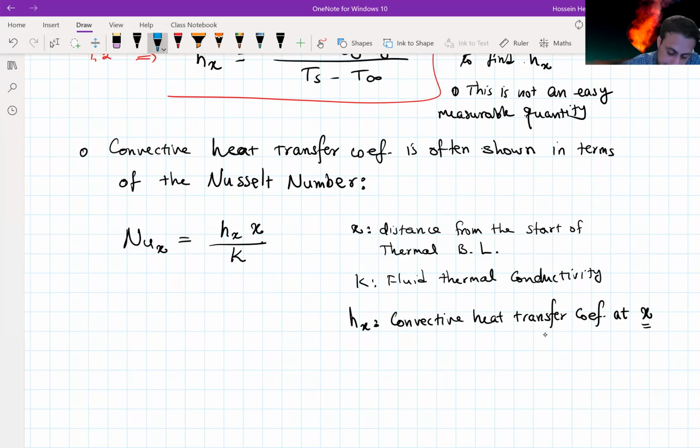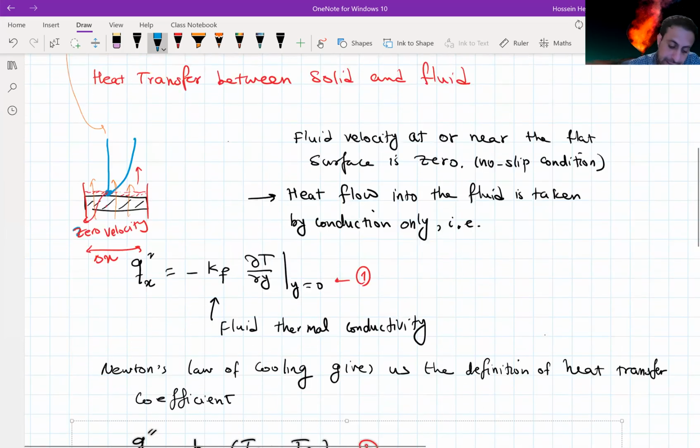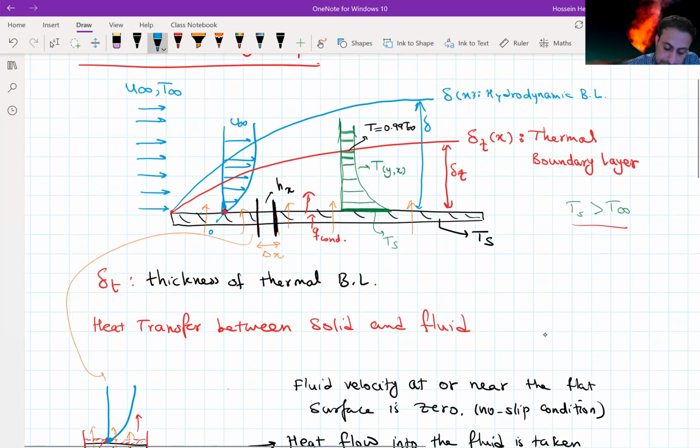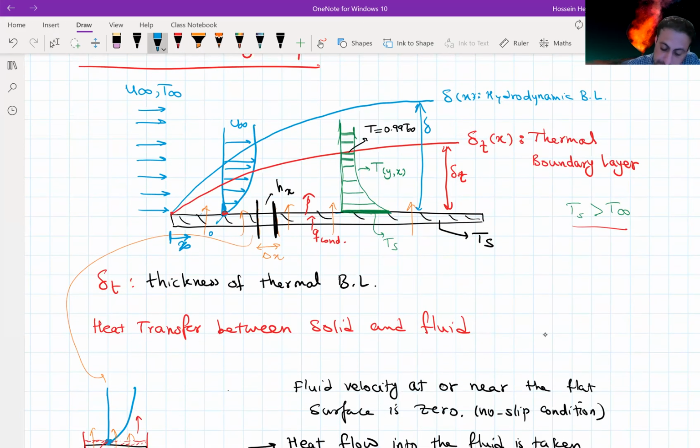A note here is this is the local Nusselt number. Since we are using the local heat transfer, the heat transfer would vary when we are changing x. Let's say this is the change of x. At each x, we are expecting to have a different hx because the temperature gradient is just changing.